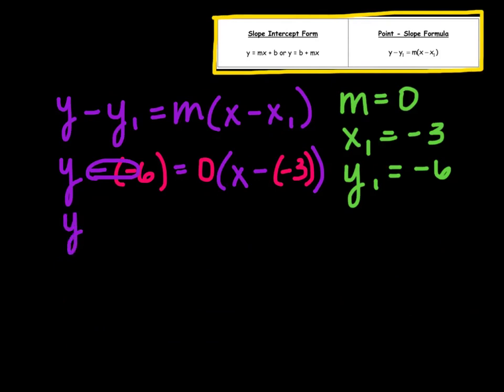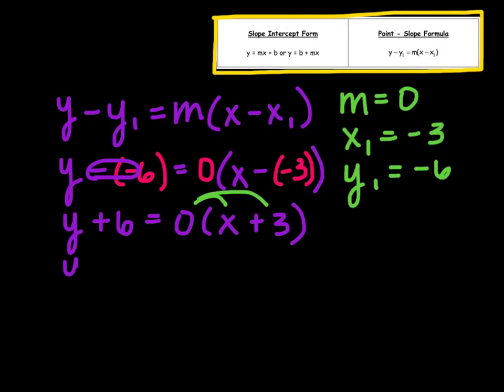So we have y really plus 6 equals 0 times x plus 3. Okay, that'll make it a little bit simpler. Now, same process, I'm still going to do the same thing. So we're going to start by distributing this 0. So let's distribute it as if it were normal. So we have y plus 6 equals 0x, and then 0 times 3 is really 0. So notice that it's canceling out the other side.